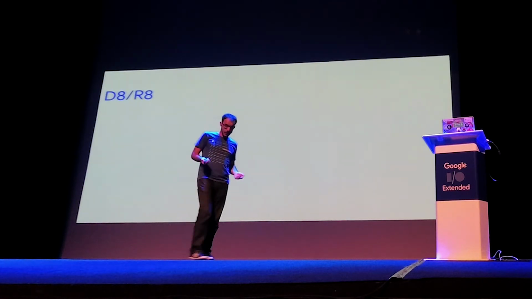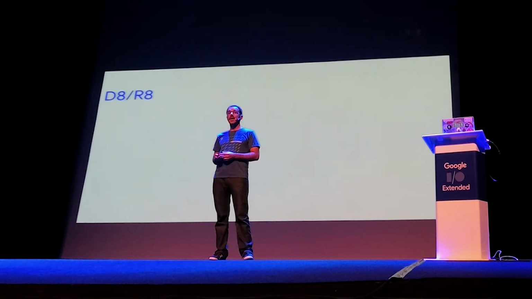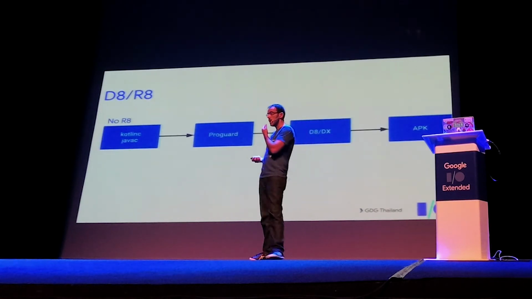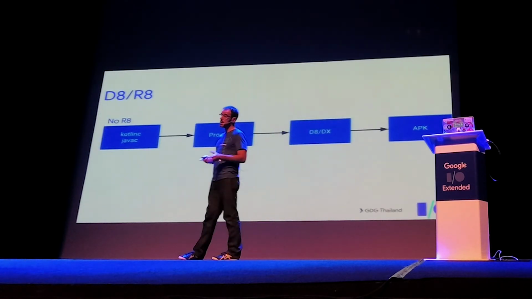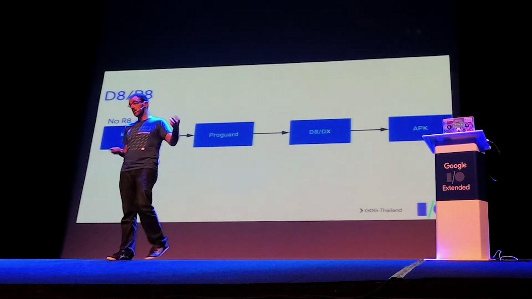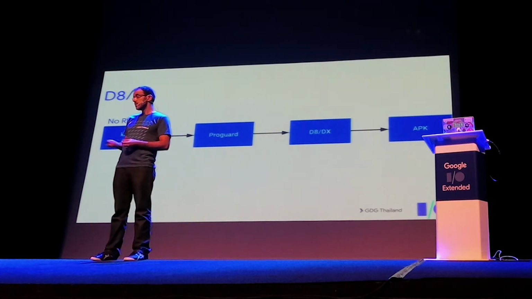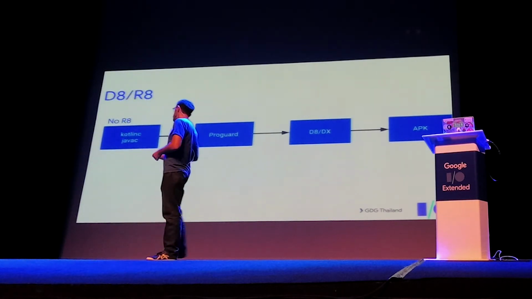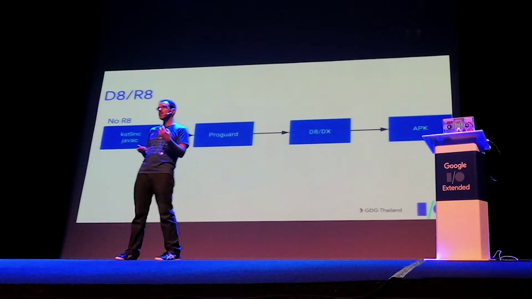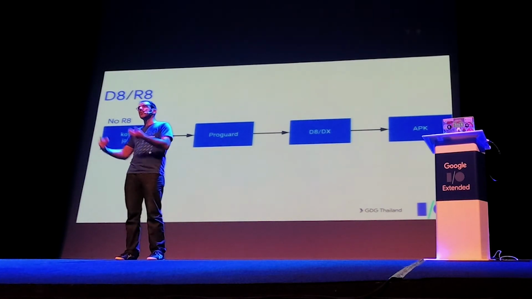Okay, the other part of D8 R8 is the R8. R8 is the new shrinker or ProGuard tool from Google. To understand a little bit, now when we are not using R8, even though we are using D8, this is the structure. So first, compiling, we're applying the ProGuard transformations, and after that, we are applying the dexing.